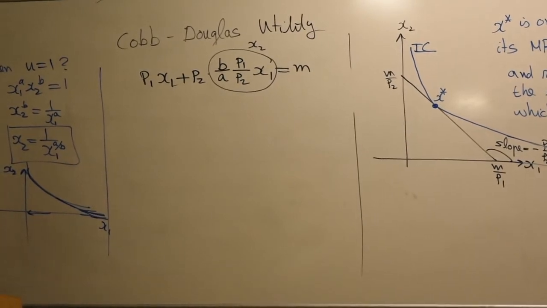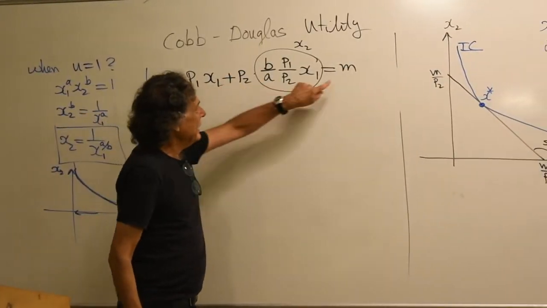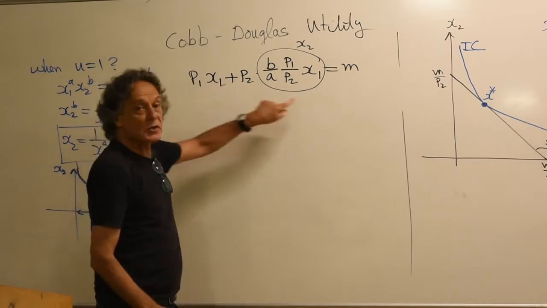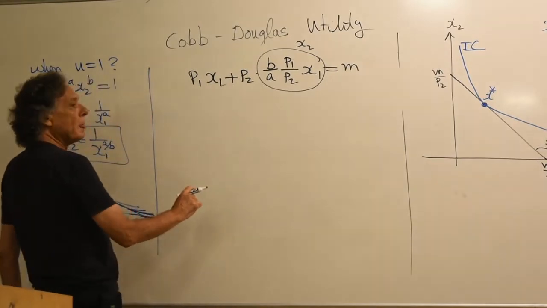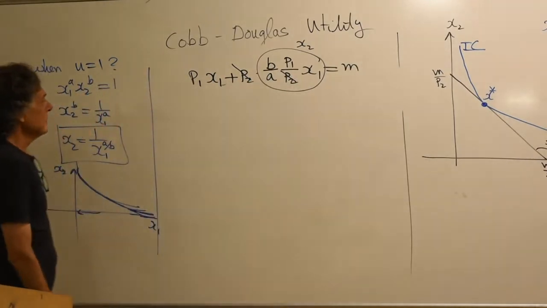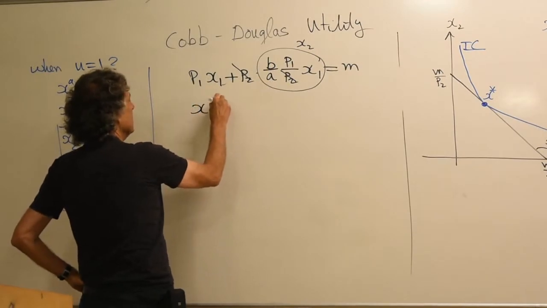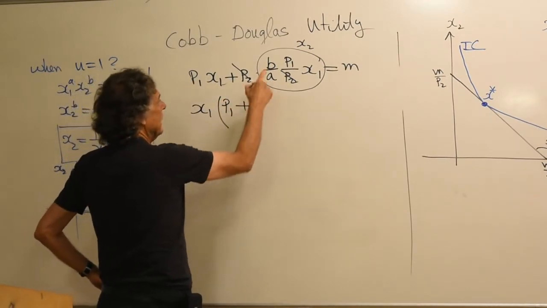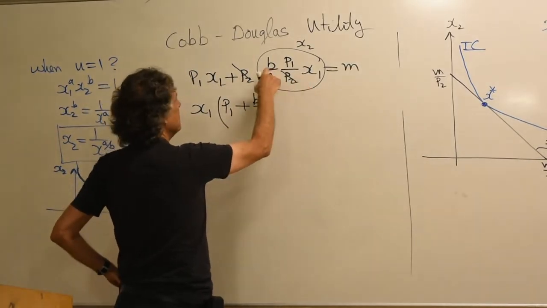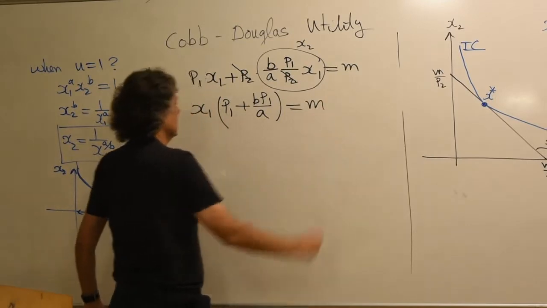Now I have one equation with one unknown, and b, a, P1, P2 are all fixed, so I can find x1. By the way, the P2 and P2 cancel. I get x1 times P1 plus b P1 over a. You see, x1 times b over a P1, and here P1, equals m.